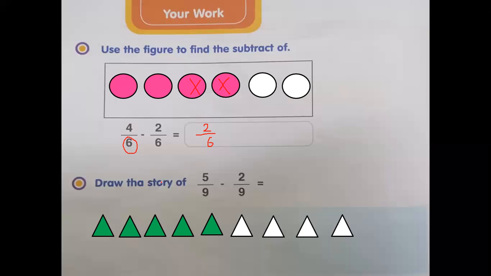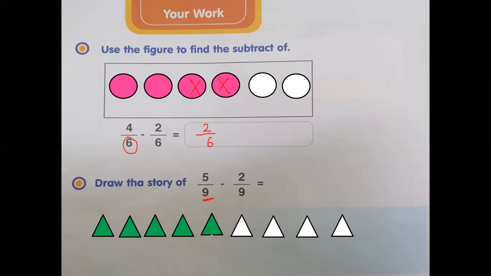Number 2, draw the story of 5 over 9 minus 2 over 9. Okay, so the denominator here is 9. So how many parts are we going to draw? 9 parts. I draw 9 triangles. Okay, so how many triangles am I going to color? 5. Excellent, because the numerator in the first fraction is 5.